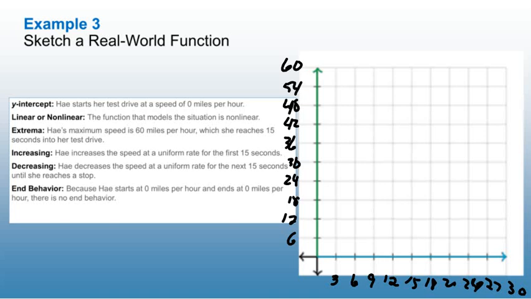It says Faye starts her test drive at a speed of 0 miles per hour. So that means I would have a point at (0, 0). Because remember, our time is here and our speed is here, that'd be 0 miles per hour.